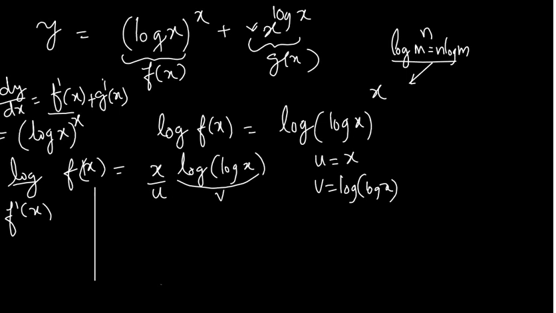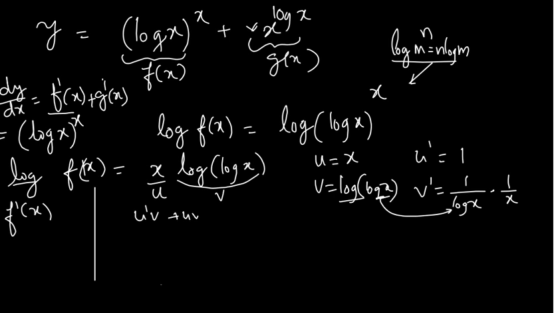So u dash equal to how much? 1. V dash equal to, because log is there, first thing you will get 1 by log x. This log x is this log x, into differentiation of log x is 1 by x. Now you have to use the u dash v plus u v dash rule.